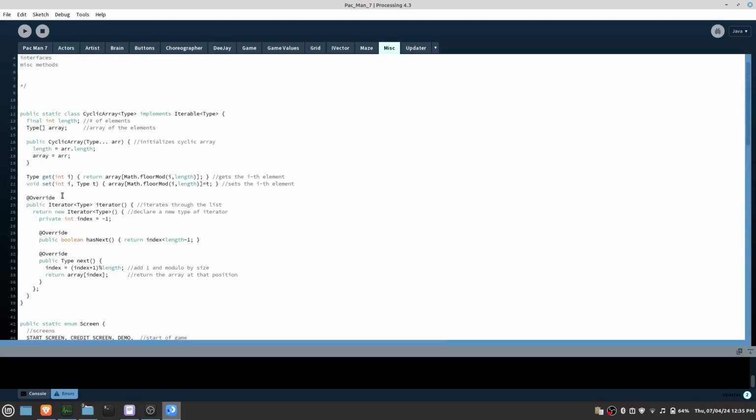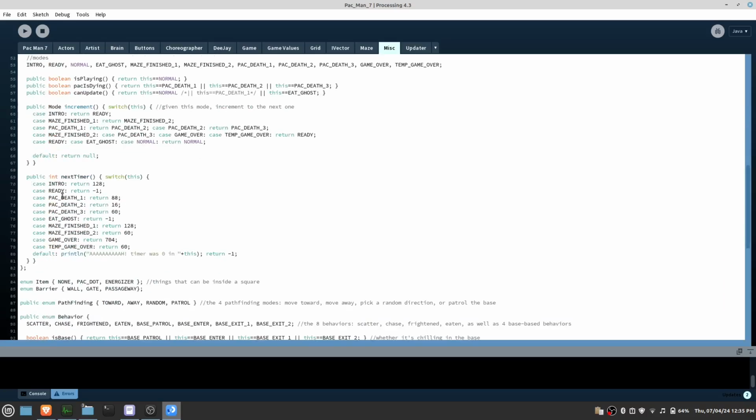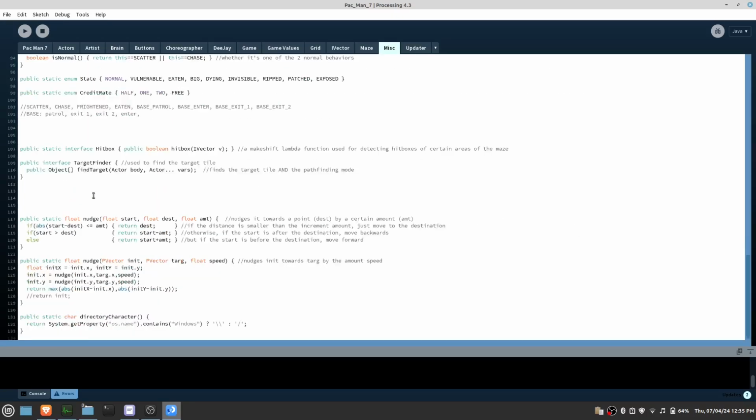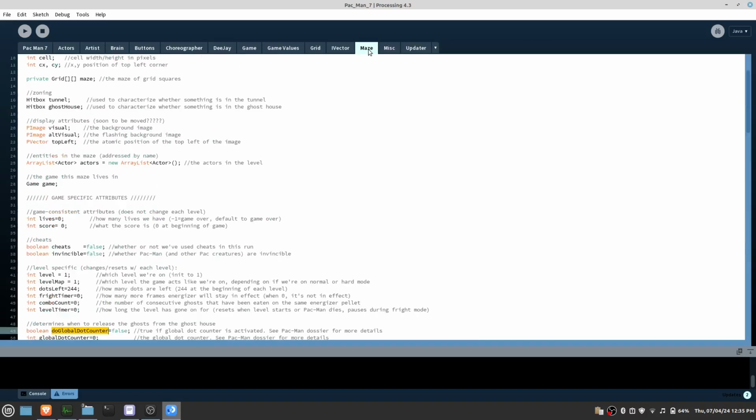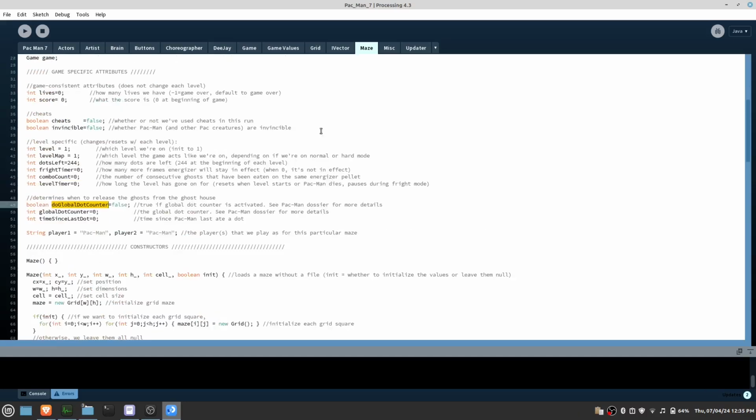You could put multiple classes in here, for better or for worse. I feel like here it's pretty appropriate. This one literally is just one interface with one function that doesn't really need its own tab. But anyways, so anything else here?